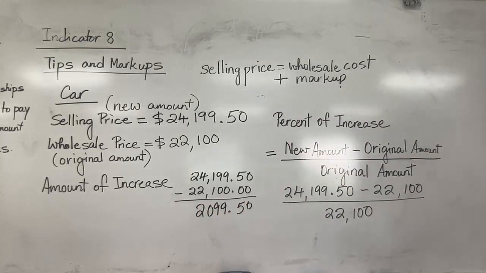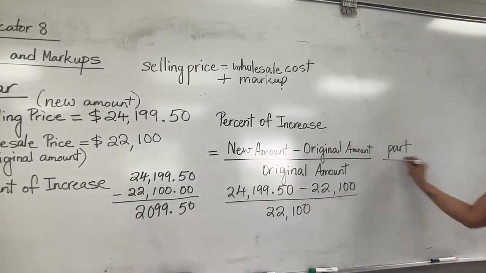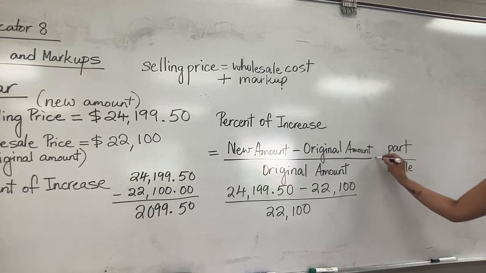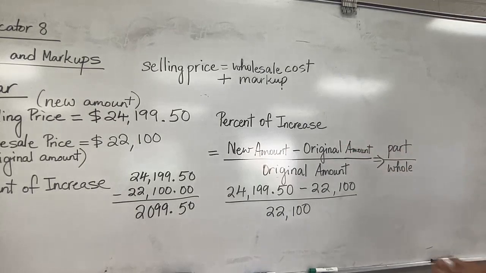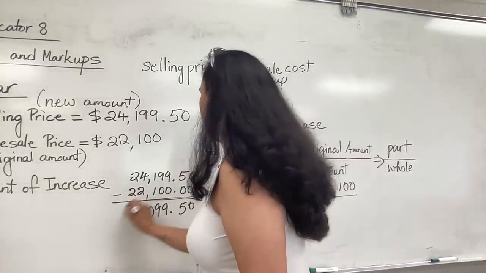Right? So what is that part? Because we can also do this. This becomes my part, over, this is the whole. Part over the whole, and the part is basically the amount of increase, which is this much.